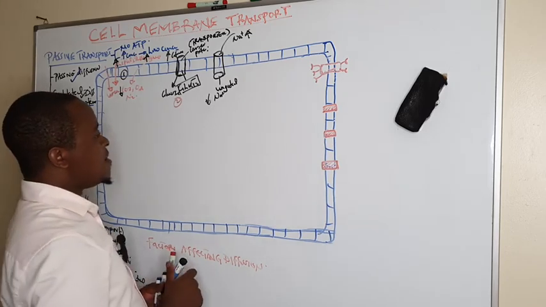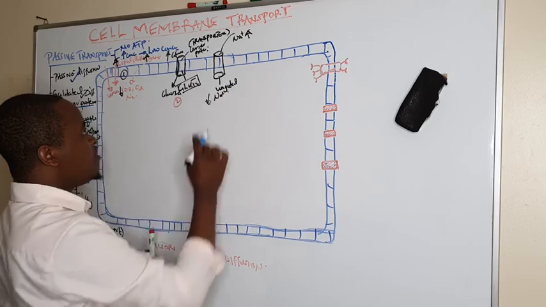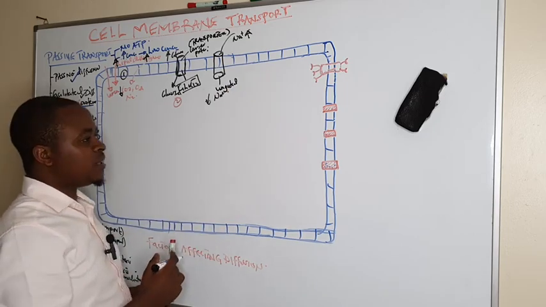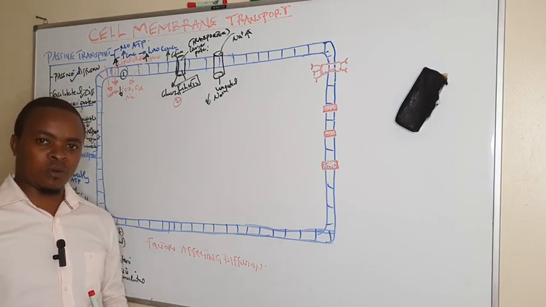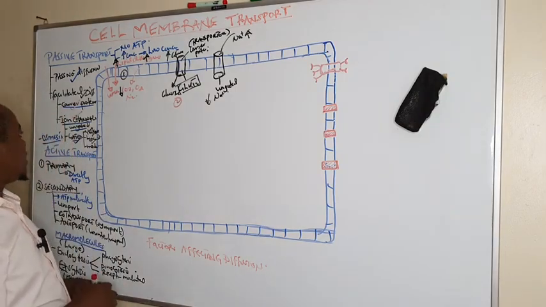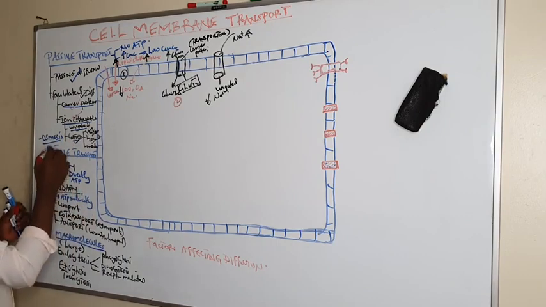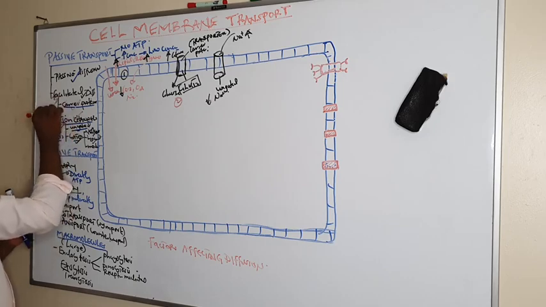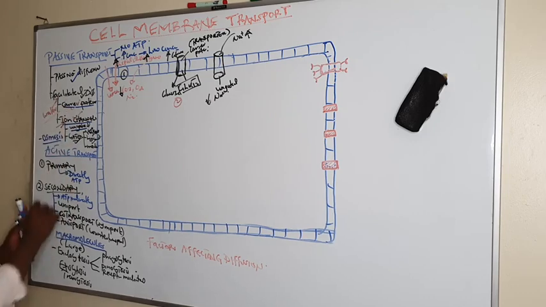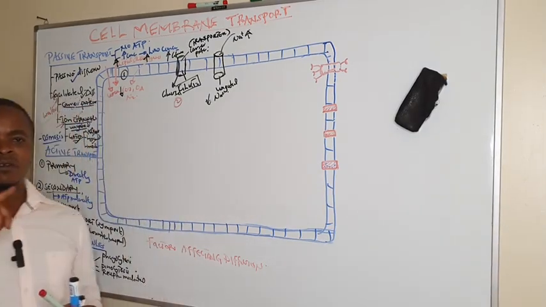So under ion channels we can have ungated, and remember here we are carrying substances which are water soluble. Facilitated diffusion deals with water soluble substances which cannot cross the cell membrane directly.